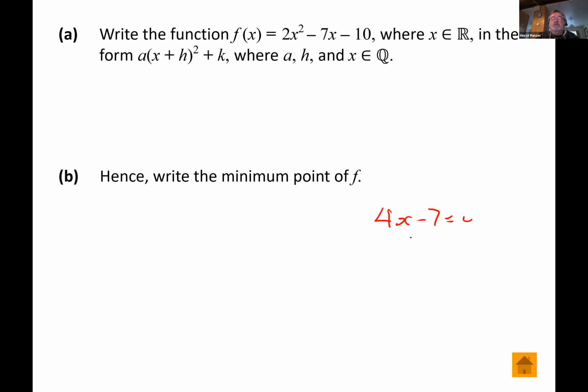We want when that's equal to 0, which means 4x is equal to 7, which means x is equal to 7 over 4. So that will give you your x value, and then you substitute that in and it gives you the y value. So yes, you can do it other ways, but when it says in the form here, if you don't do it in that form, you're going to lose a big chunk of the marks. So you need to make sure that you do try and do it in that format if you can.